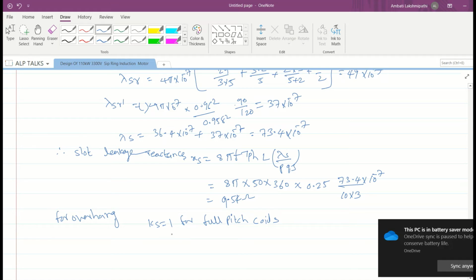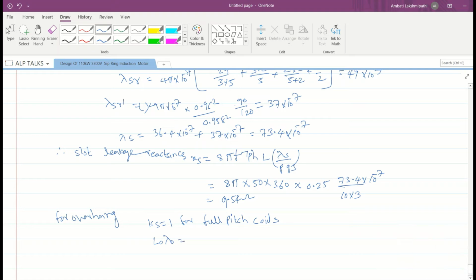So we can calculate L naught into lambda, which is 4 pi into 10 power minus 7 into 1 into 0.204 whole square by pi into 22.7 into 10 power minus 3. This value comes to be 7.34 into 10 power minus 7.